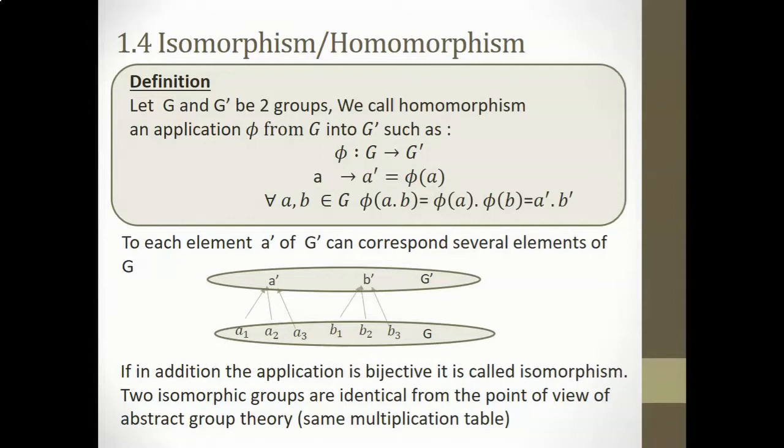Okay, so two isomorphic groups are identical from the point of view of abstract group theory because they have the same multiplication table. We can define a group by its multiplication table, even if they correspond to two different types of elements, for example, permutation and symmetry operation. In these two cases, from the abstract point of view of groups, they are considered as the same group because they have the same table of multiplication.